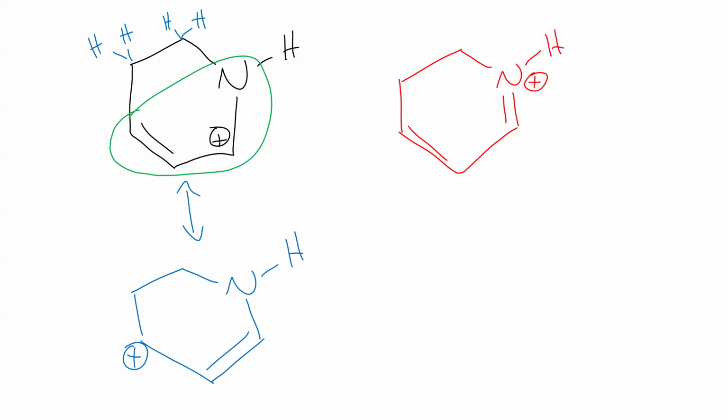Sometimes the way that you might see that drawn, if they're trying to draw one structure to show the pi system, is they basically use a dotted line for the second bond. Whereas there's the pi system, so you might see it drawn as that.